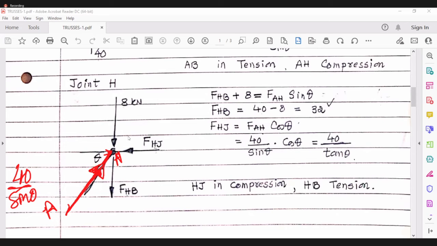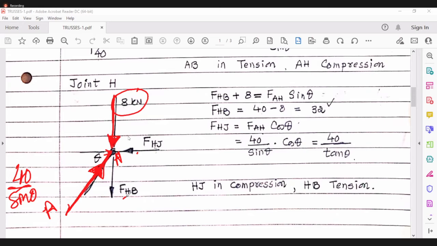Then there is a load over here, acting downward, and the magnitude is 8 kilonewton. Now there is HJ, I am showing it in compression, and HB I am showing in tension. Why am I doing so?